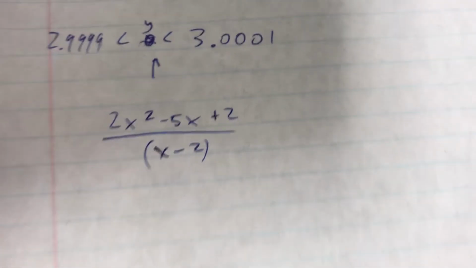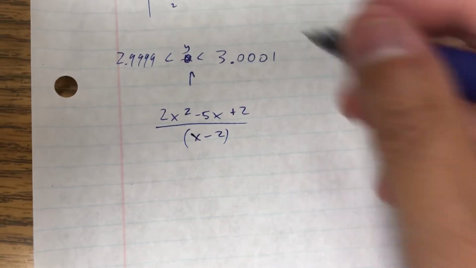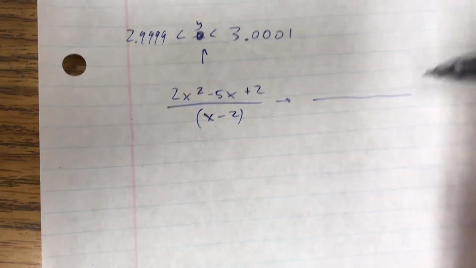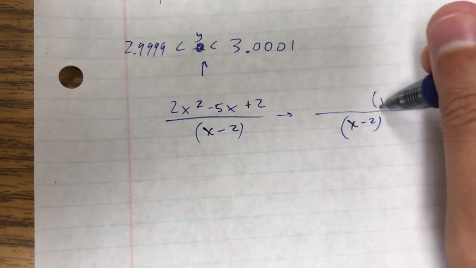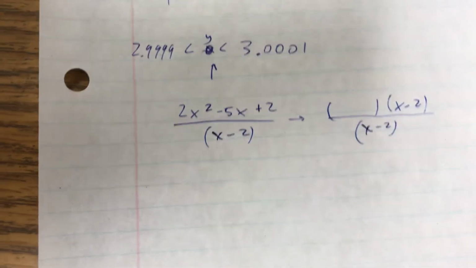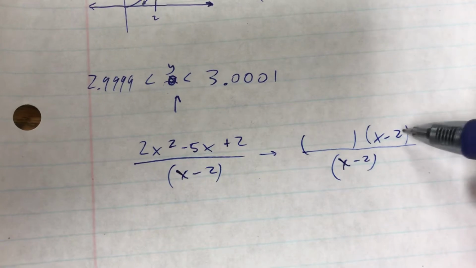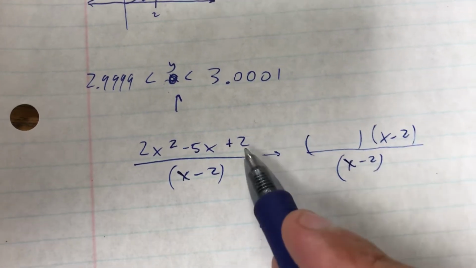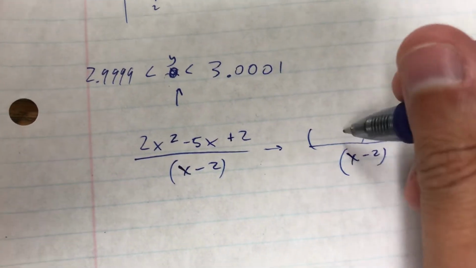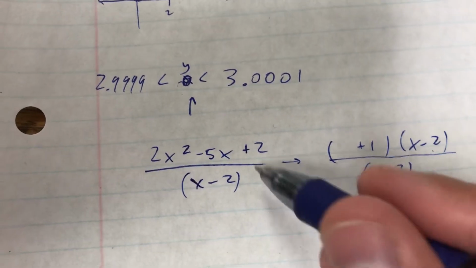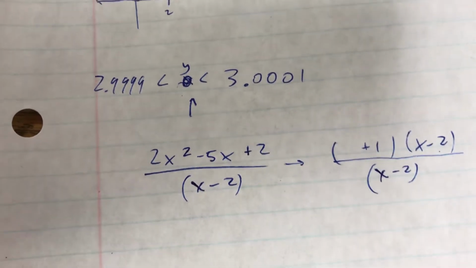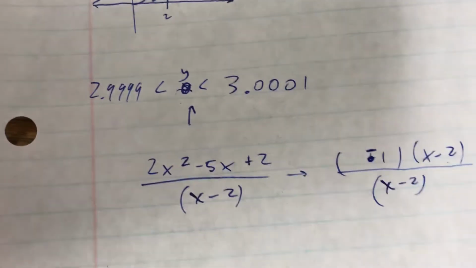So I come over here and take a look at this. I think this is going to factor. Okay? So I'm going to try to factor this. And my thought is, if it's going to simplify, we probably would have a factor of x minus 2 on the top, right? If something's going to cancel from the top and the bottom. So if you think backwards here a little bit, if I had a plus 1 in that position, it would multiply by the negative 2 to give me, oh, let's see, I need a positive 2 there, so I guess I need a minus 1.